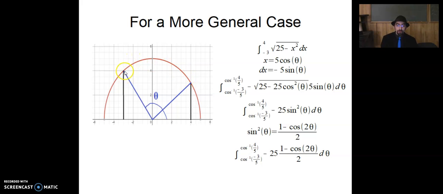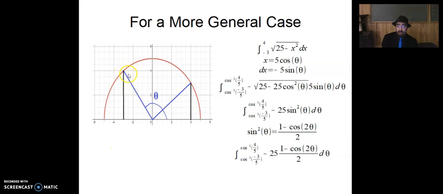The area I sweep out for any tiny change in my angle is the horizontal distance times the vertical height. Horizontal distance is going to be my dx. Vertical height is going to be the square root of 25 minus x squared.